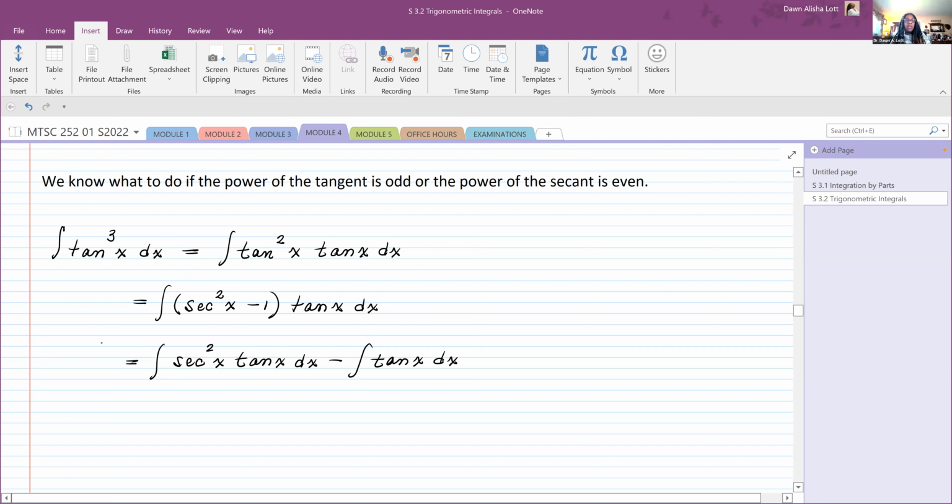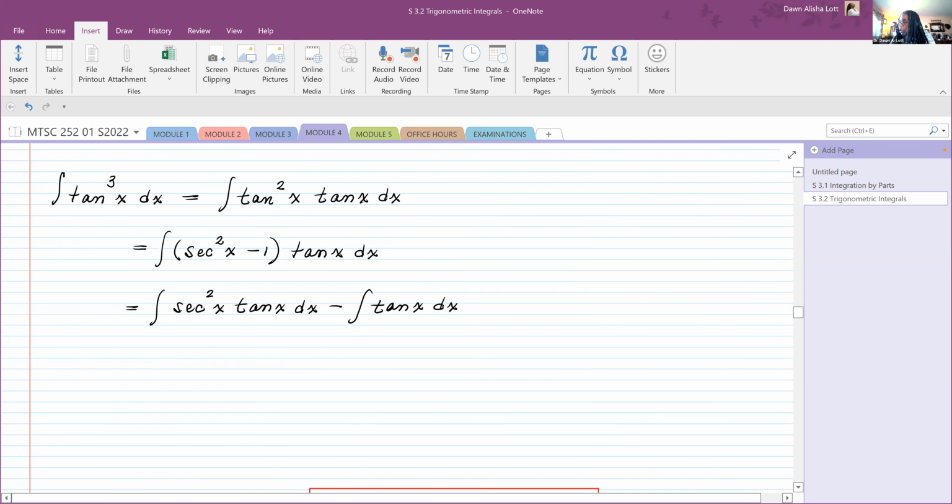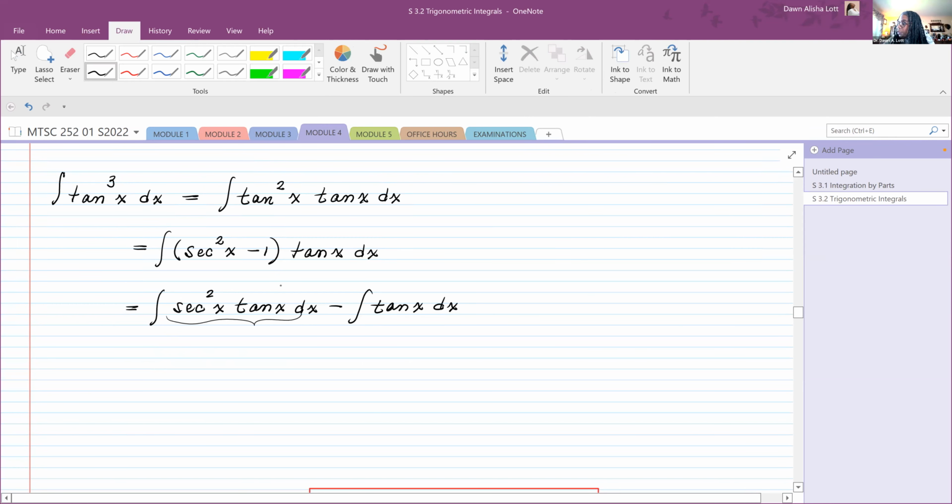This is a reduction formula. You keep doing it for tangents to an odd power. For this integral, u is equal to tangent of x, and du is just secant squared.